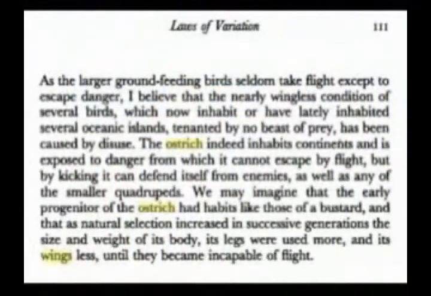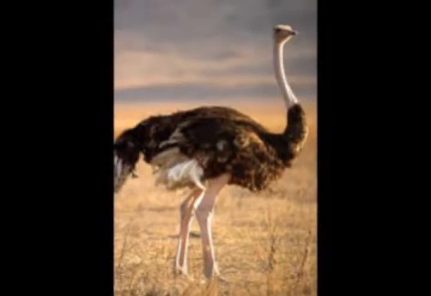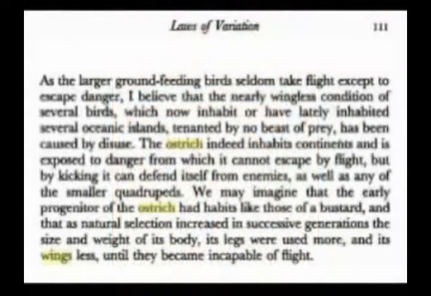He then goes on to explain, in Laws of Variation, as the larger ground-feeding birds seldom take flight except to escape danger, I believe that the nearly wingless condition of several birds which now inhabit or have lately inhabited several oceanic islands tenanted by no beast of prey has been caused by disuse. The ostrich indeed inhabits continents and is exposed to danger from which it cannot escape by flight.